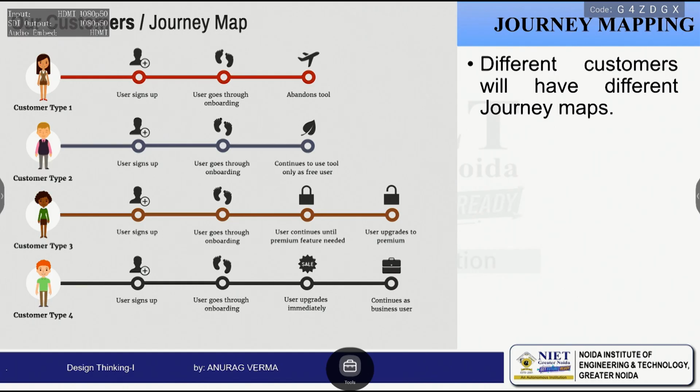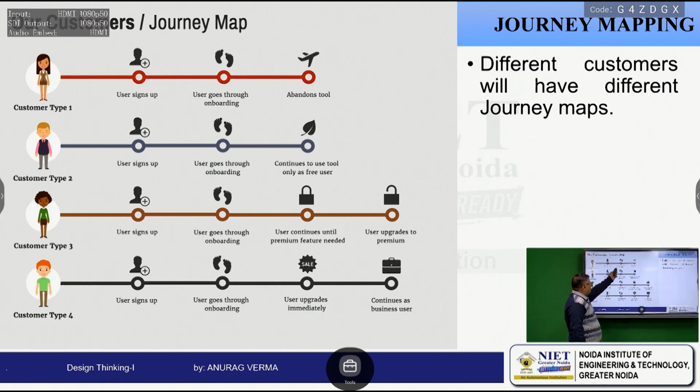So here we can see the first customer is using a website application, maybe trying to log into a Netflix account, and then signs up on the website and goes through the onboarding process, providing the details required, and maybe the customer doesn't like that in a web page application and abandons the tool.